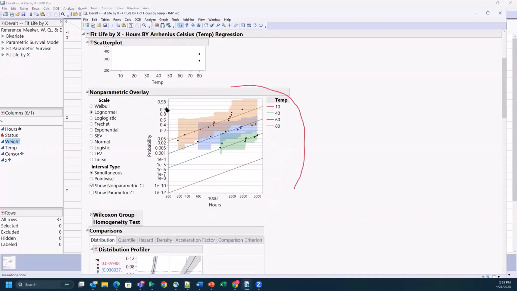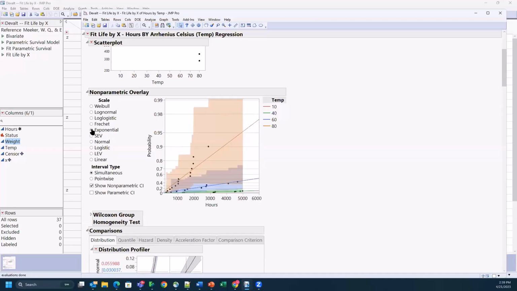This chart lets us see the relationship between the 10-degree failure line, the best fit 40-degree failure line for hours versus probability of failure, the 60-degree and the 80-degree failure rate. And we can choose different scales to see which of these models might be the best.